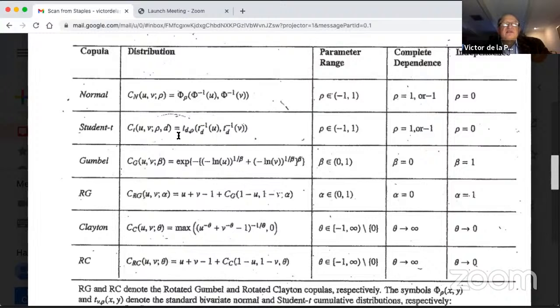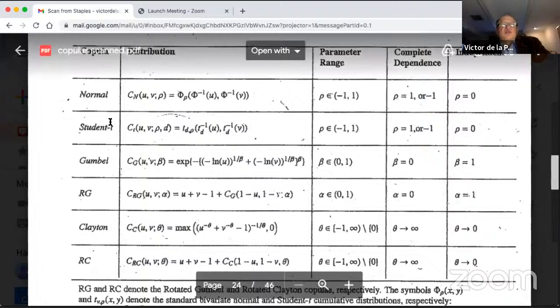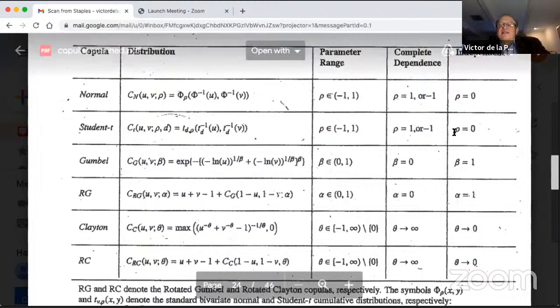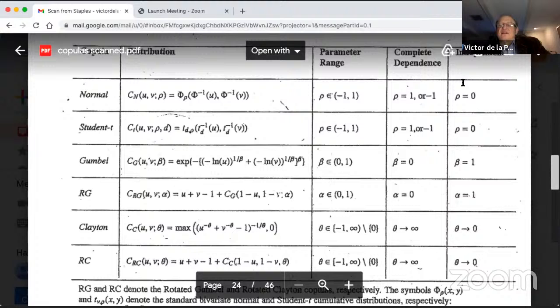Then another very important copula is the Student copula, which is obtained by taking the joint distribution of the bivariate t evaluated at the inverse of the marginals. And again, if you want to check for independence, the parameter should be close to 0. Then there's the Gumbel copula.